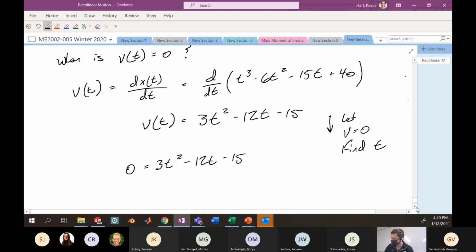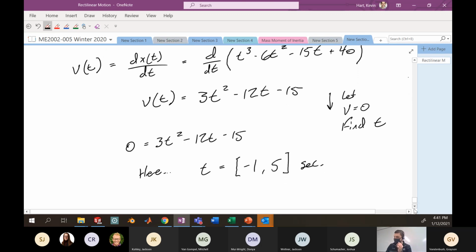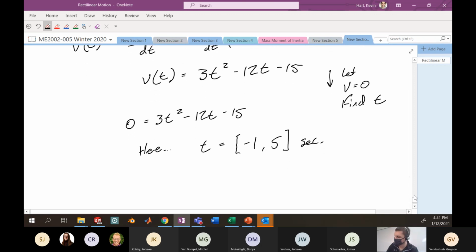Use your expression. It's your typical second order polynomial, and there are a lot of methods for solving this. You could find here that the velocity is 0 for two different solutions, one at -1 and one at 5 seconds. Let's only consider positive times here. Maybe you can go back in time. If you are, what are you doing in this class?